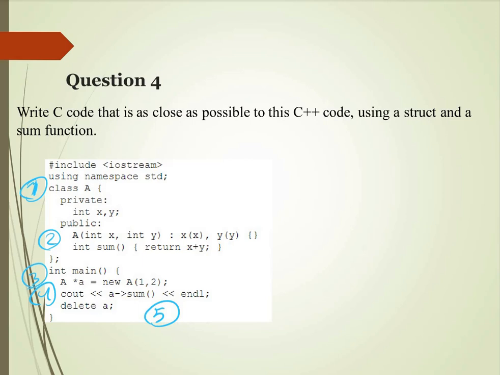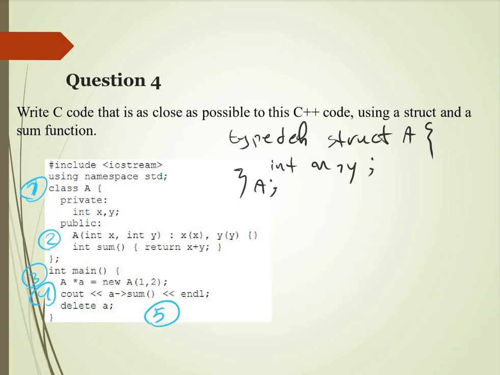So first of all, we are going to change this class to a struct type. The structure will be something like this. I'm going to use typedef struct, a normal way of defining a struct. I will call it A, and then there are two members, X and Y, and then I'm done. So this is how we convert this class to this structure. Then we want to change the function as well.